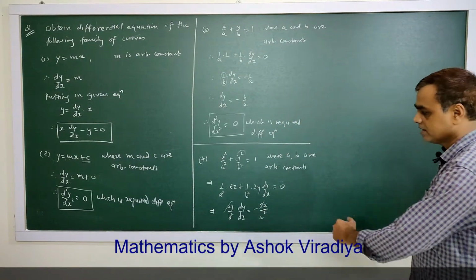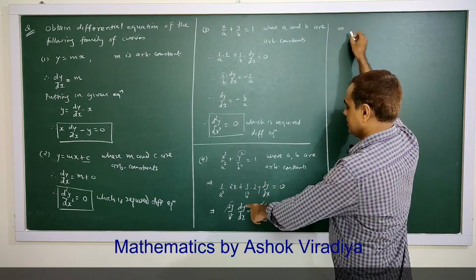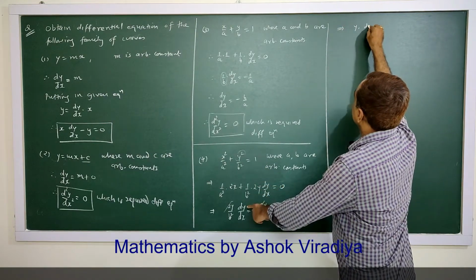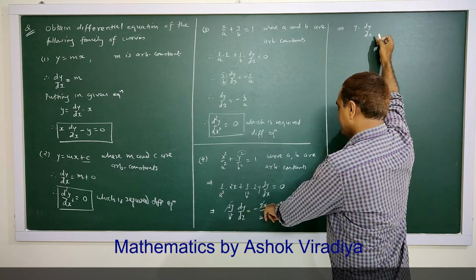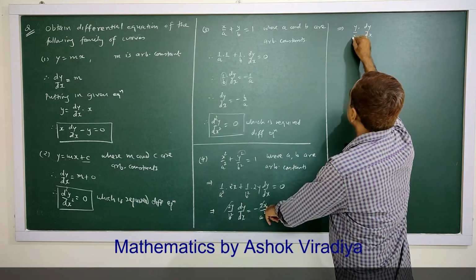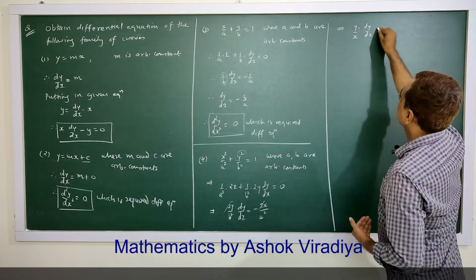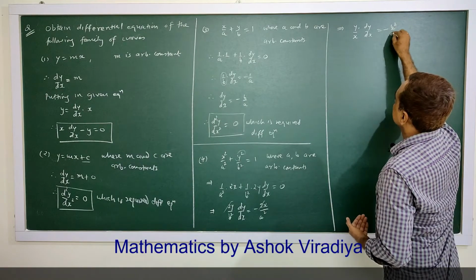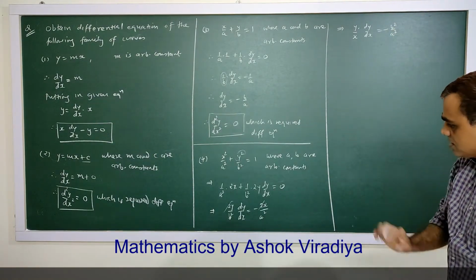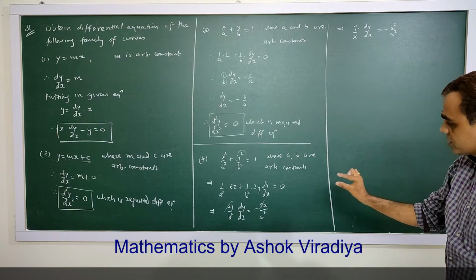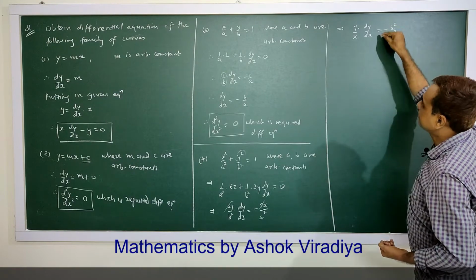Now what I am doing: y into dy by dx on this side, x I am taking on that side, and b square I am taking on this side. So what I have done, the combination of constants we have separated.